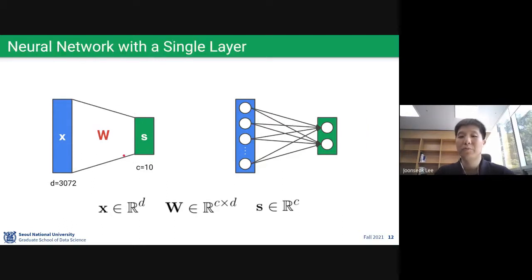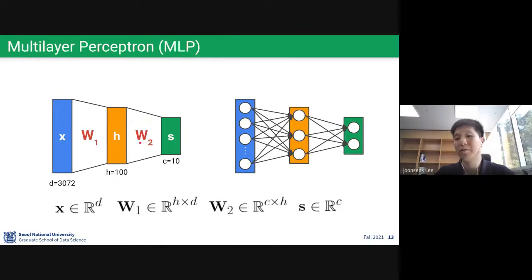So instead of doing this in one step, we may do this in two steps like this, right? Here again, W1 is h by d, because we have to map the d-dimensional vector to an h-dimensional vector. And then W2 is c by h, because we map the h-dimensional vector to a c-dimensional vector. And we can draw it another way like this.